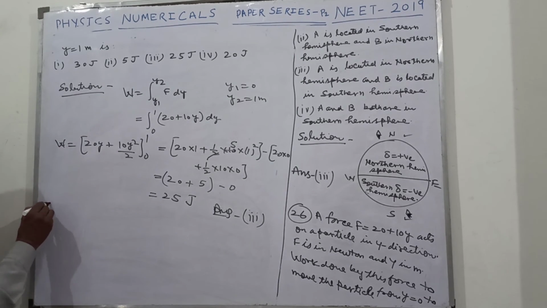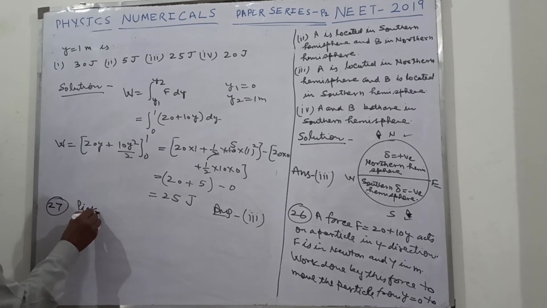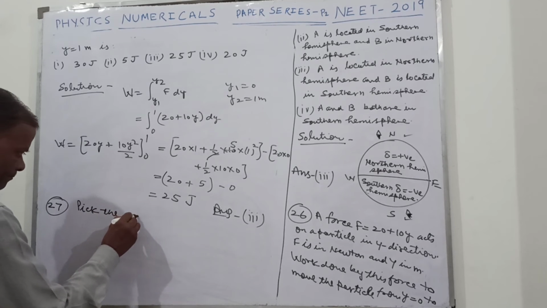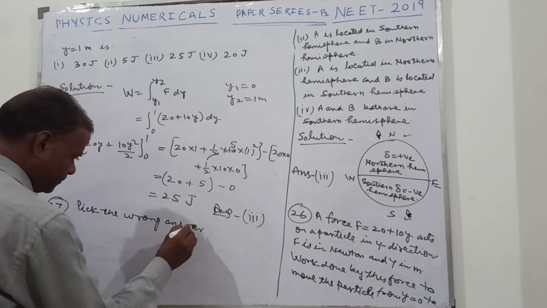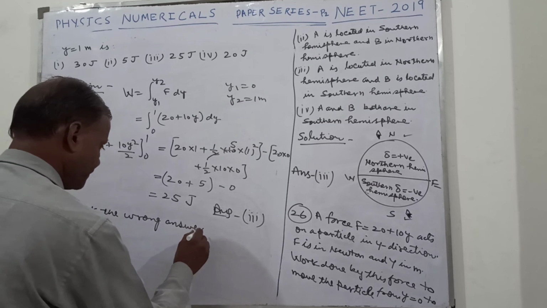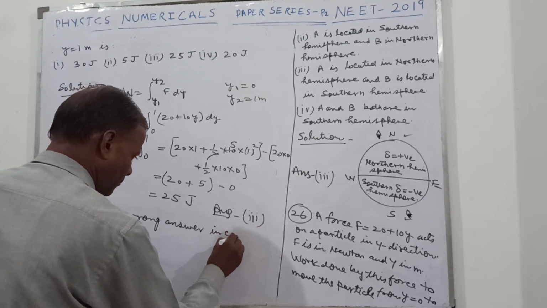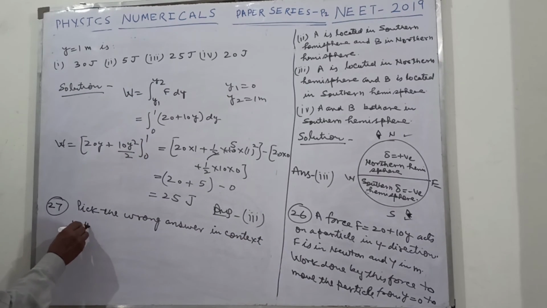And now question number 27. Pick the wrong answer in context with rainbow.